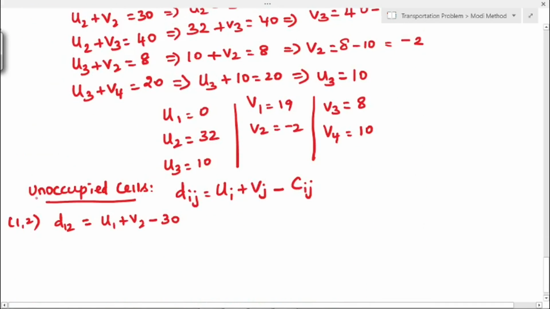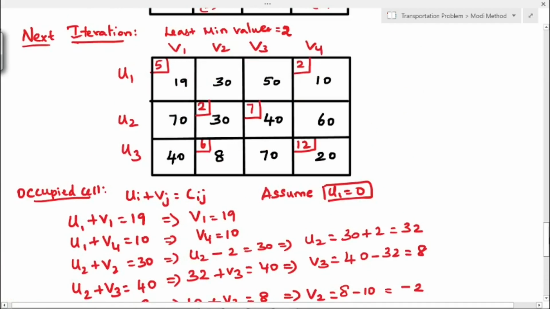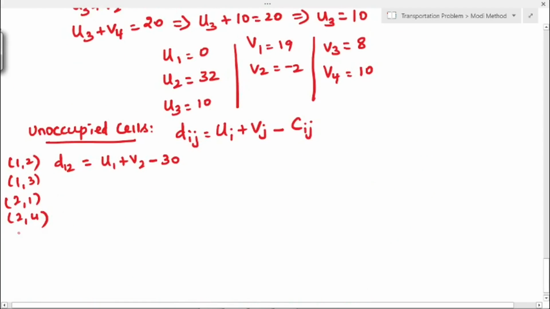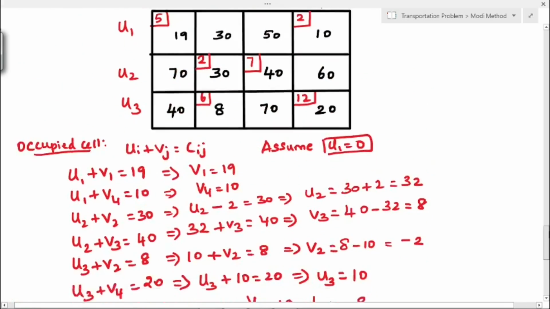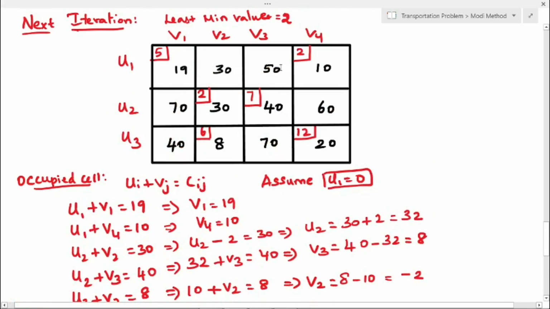So 1,3; 2,1; 2,4. And third row, first and third row, third, where we don't have allocation values. So 3,1 and 3,3. So D13 equals U1 plus V3 minus the first row, third column cost, that is 50.